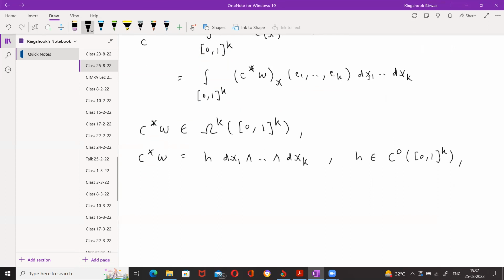Then c star omega at x applied to e1 to ek equals h of x times dx1 wedge ... wedge dxk applied to e1 to ek.